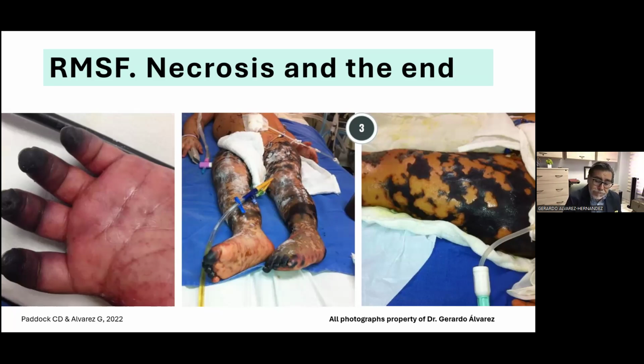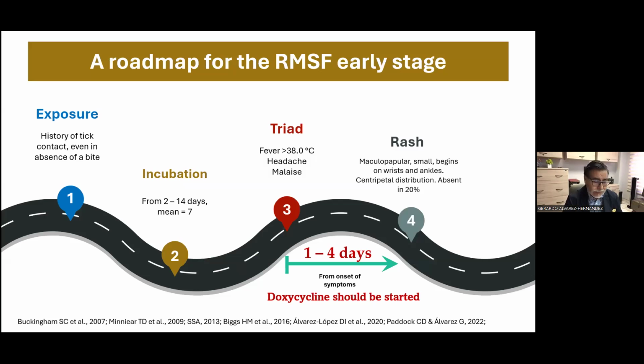So, trying to put all this data together, we could approach RMSF clinics as a roadmap. I want to propose to approach this symptomatology as a roadmap, having two stages.